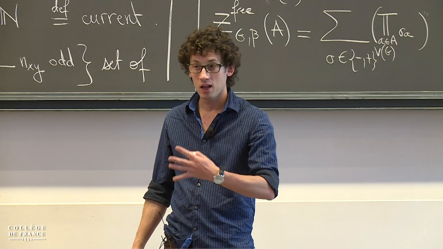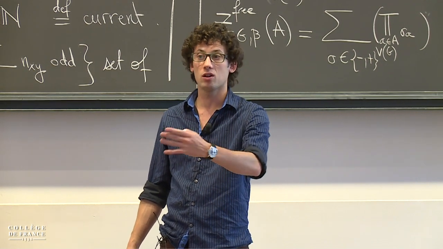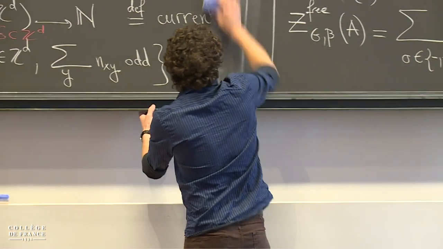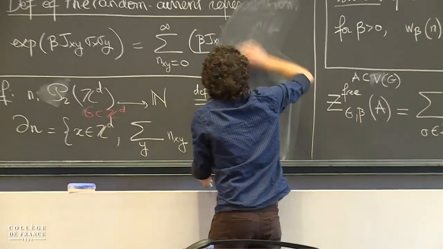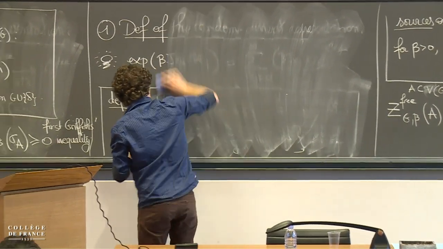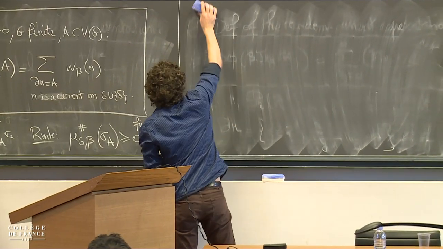Once you have this random current, it comes even for free. I mean, almost for free. So that's a new section, which is applications to correlation inequalities.